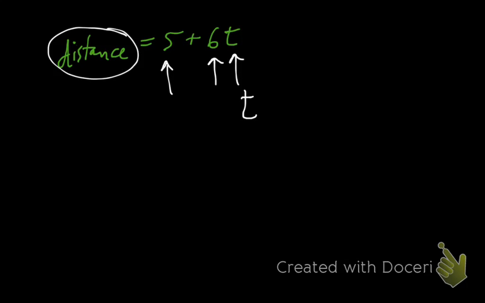So if you travel for 1 more hour, you've already gone 5 miles, and you're going to go 6 miles per hour. I'm going to put 1 in parentheses. That would mean 6 times 1. This, by the way, is a variable expression for your total distance. This would be 5 plus, what's 6 times 1? It's 6.